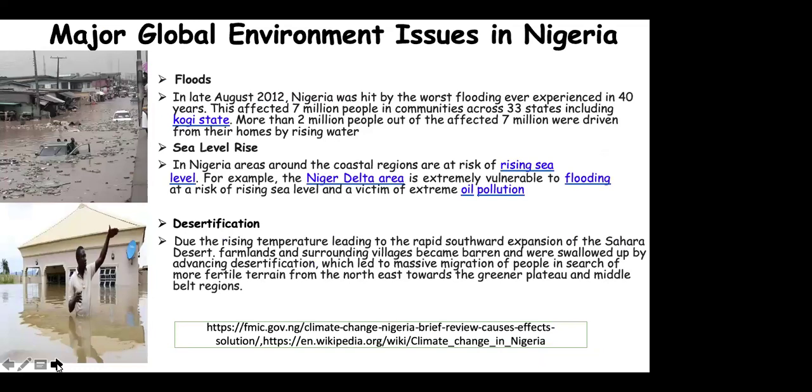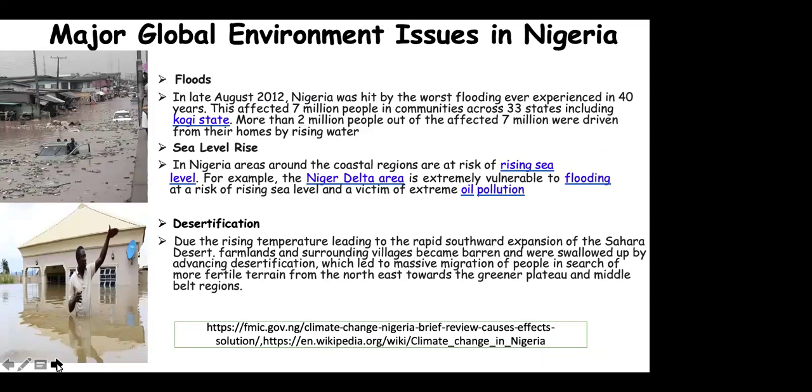floods, sea level rising. I think sometime it was in Bayelsa? We had those views on television. If you see the second picture there on the slides, where somebody is raising his hand up, it looks like something that happened in Bayelsa recently. Yes, definitely.